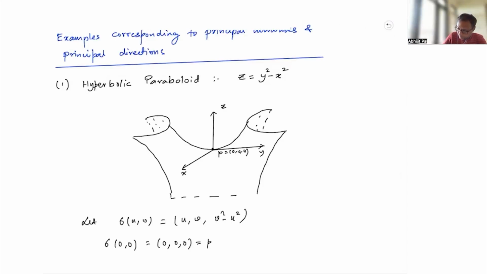So now we'll be giving the normal to the surface. The normal to the surface at the point P is given by n(u, v) equal to the cross product of sigma u with sigma v divided by the norm of sigma u cross sigma v.